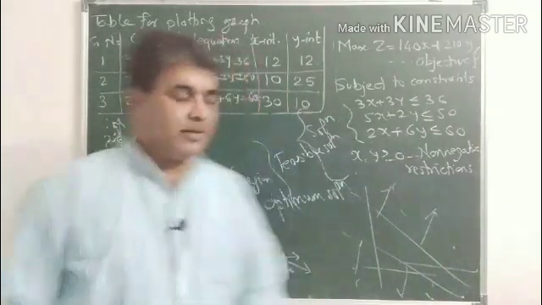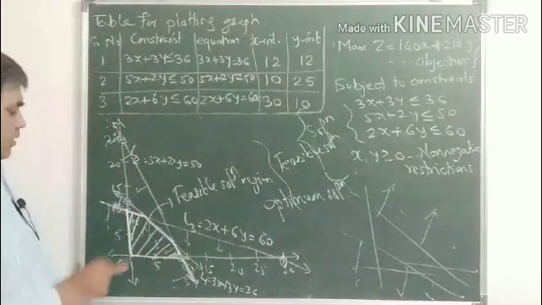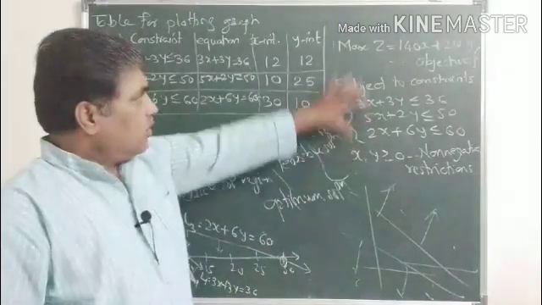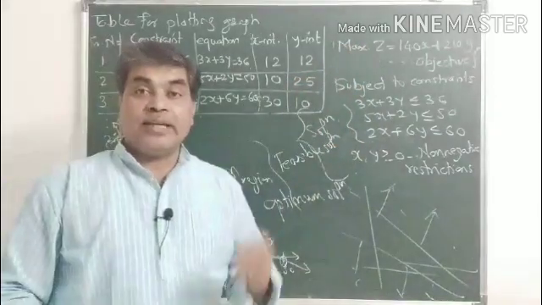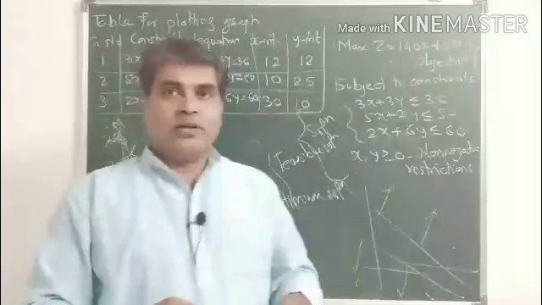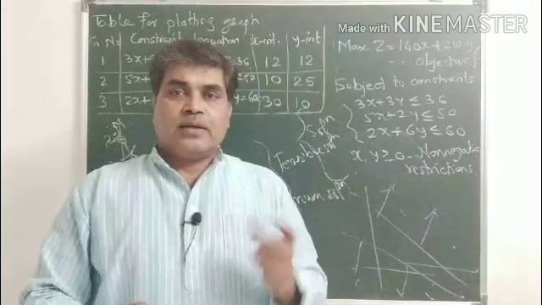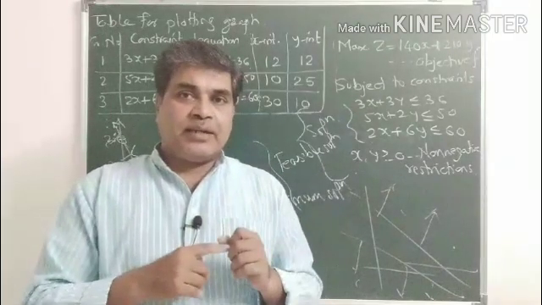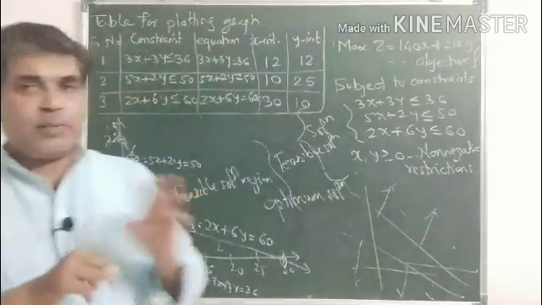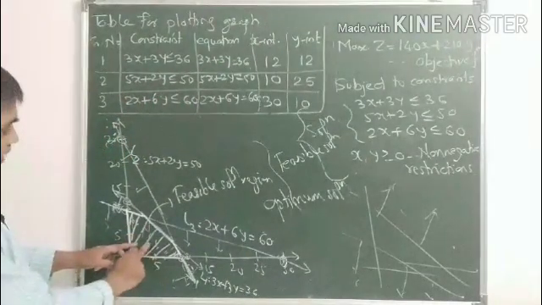Again, there is one result: the feasible solution region of a linear programming problem is always a convex set in the plane. What is meant by a convex set in the plane? A convex set is a region in which, if you connect any two points by a line segment and that line segment completely lies in the region, then that type of region is known as a convex region. Here, if I take any two points and connect them by a line segment, it lies inside.